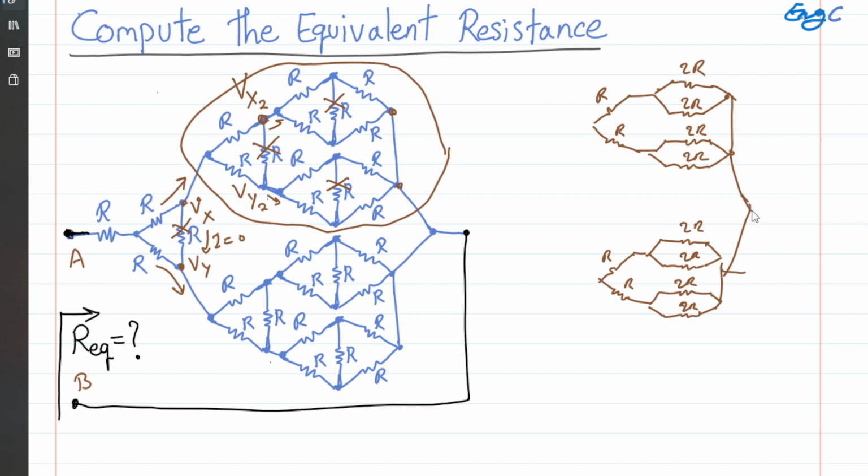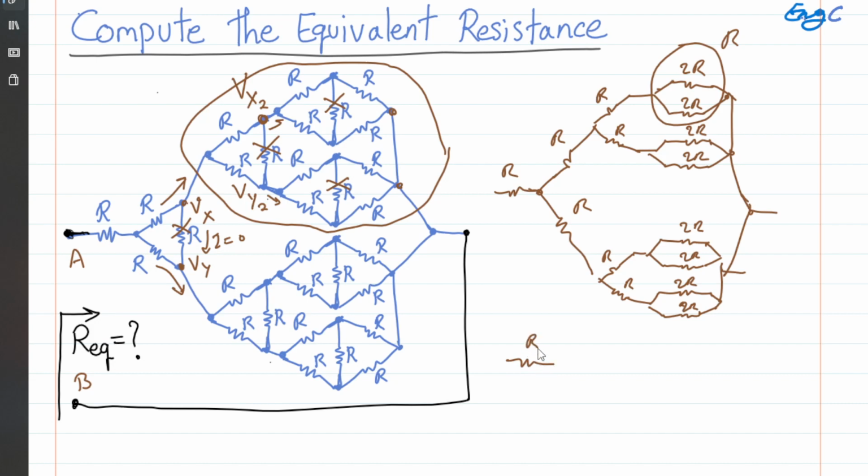Okay, with that in mind, we get to the y and x point, and of course that resistor is not there, so you can assume you have just R, another R, and finally the final R in series. Now everything is easy because the combination of these two in parallel is just R. So you get R in series with R, another 2R, another 2R, another R.